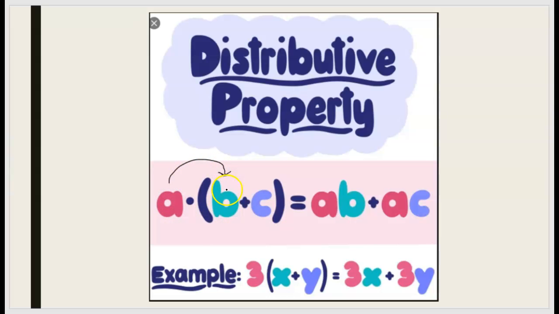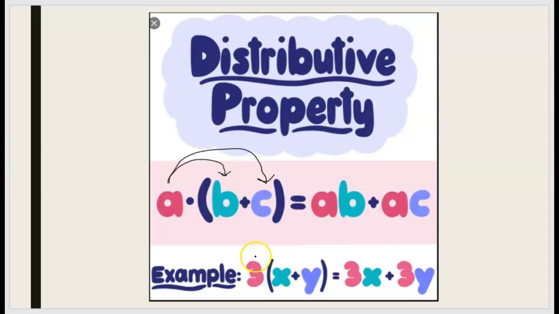So the a times the b makes ab, and then we're going to have to take a times the c, which is this component, a times c, and whatever this symbol is that was in the middle of the b and the c inside the parentheses, that is going to end up over here in your simplified expression, okay?